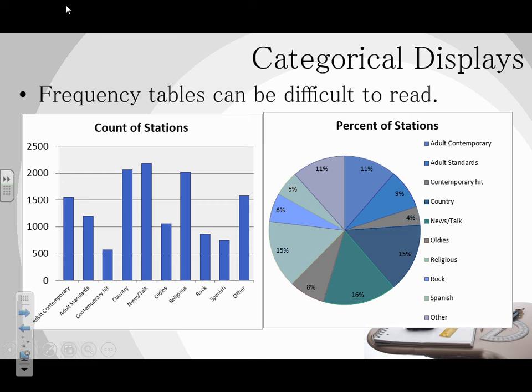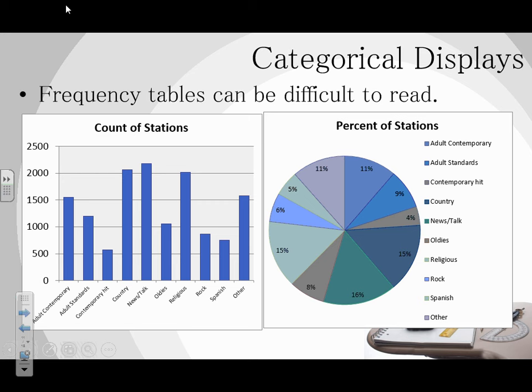Okay? So the bar graph does the exact same thing a frequency table does, it just does it visually. So we have all of our categories along the x-axis, and then we have our counts represented by a bar on the graph. Okay, so 1,556 for adult contemporary, boom, however many for adult standards, and so on.